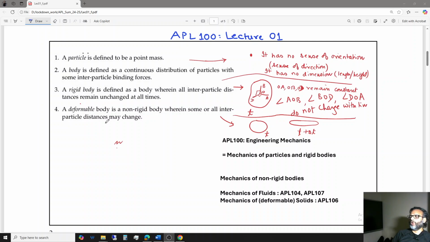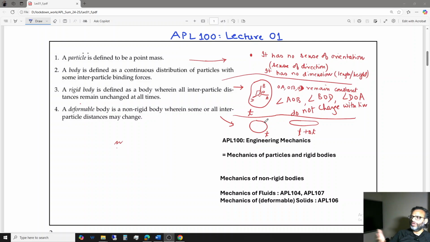Whereas in a deformable body, I have shown again a pair of cartoons here. The body may look like this, like an ellipsoid at time t, and at time t plus delta t it may become a flatter ellipsoid.